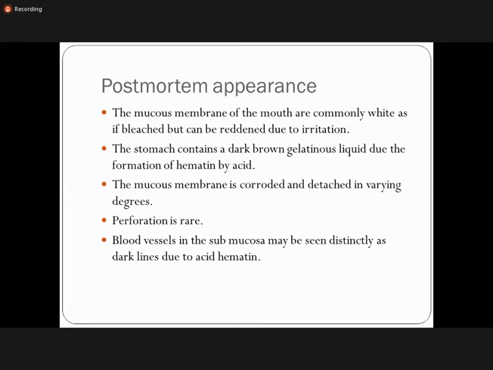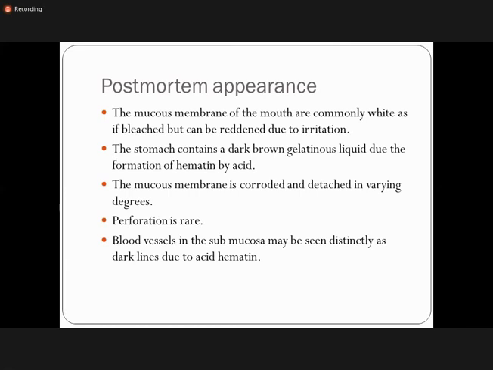So the mouth would appear white. As per the stomach, it's going to have some gelatinous brown liquid. Why? Because of the local irritation, blood oozed out, and it formed hematin, and that's why it's having that dark brown gelatinous liquid inside it. Mucous membrane would show signs of corrosion.